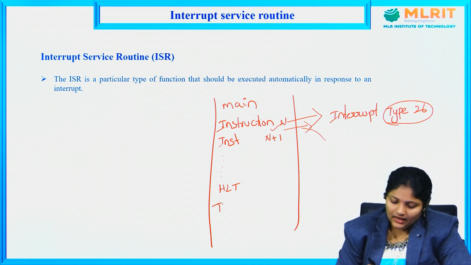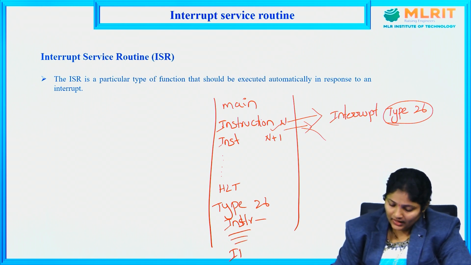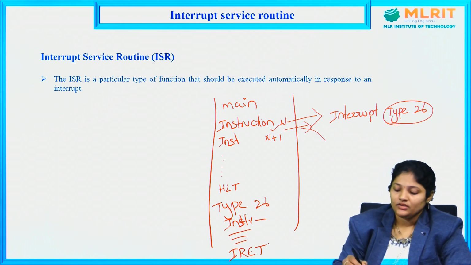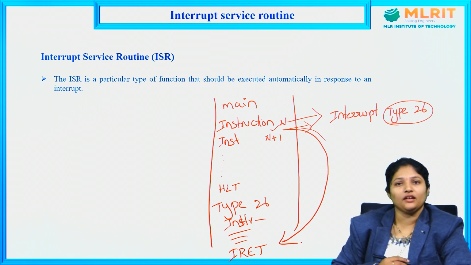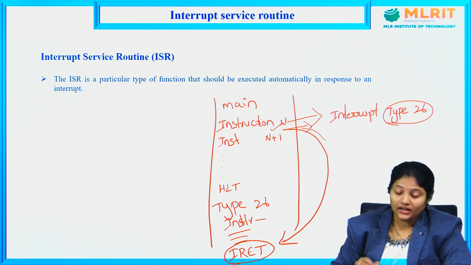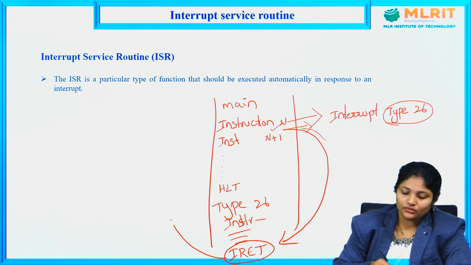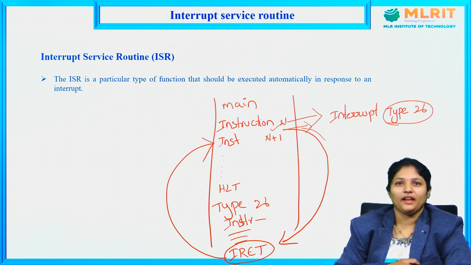Some instructions will be there, and at last it should have an IRET instruction. After it fetches the IRET, it will return to the next line in the main program.